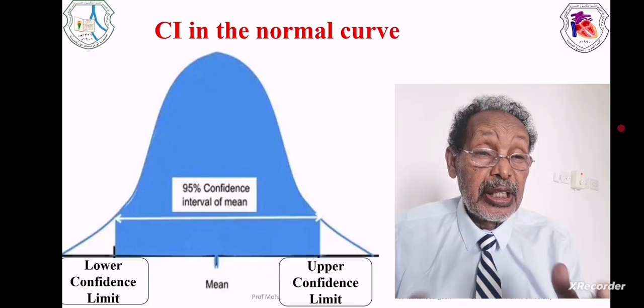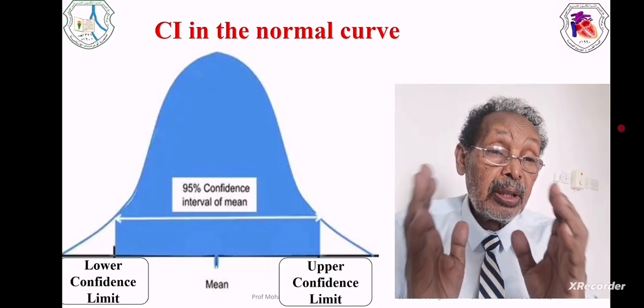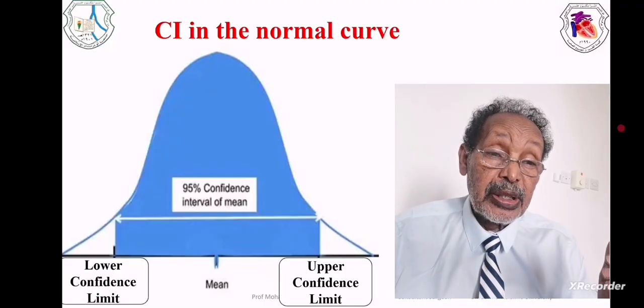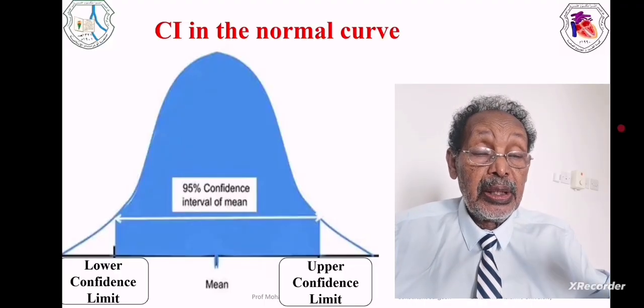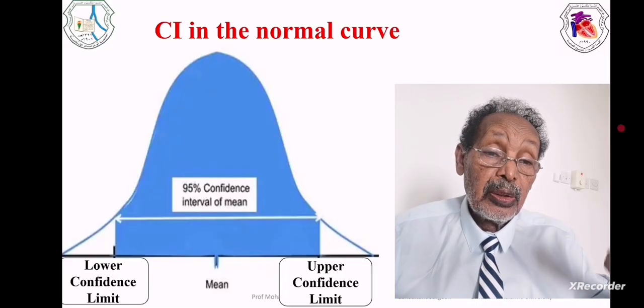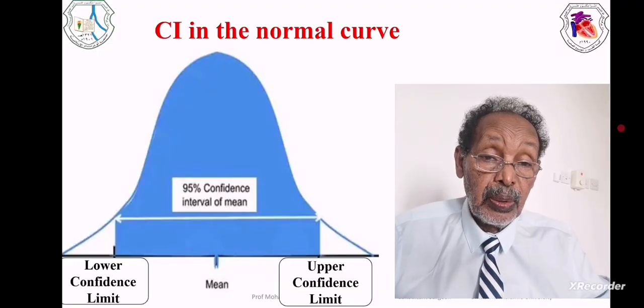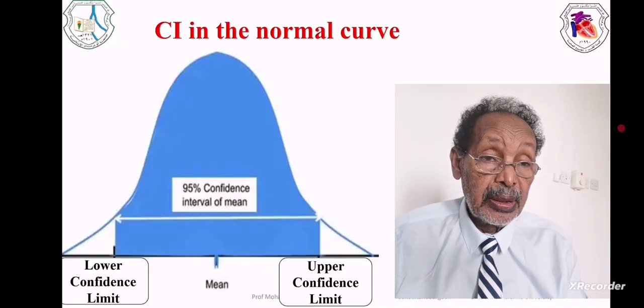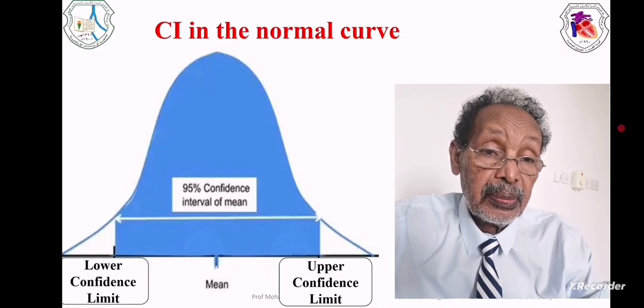The 95% confidence will be in the blue area. The remaining 5% out of 100 will be split into two equal halves: 2.5% above the upper limit, and 2.5% below the lower limit. I hope this is clear now.